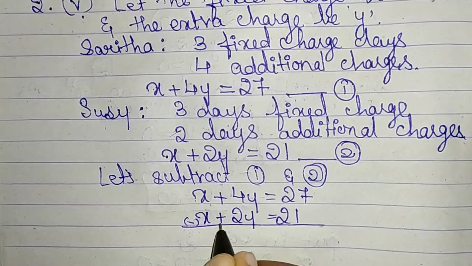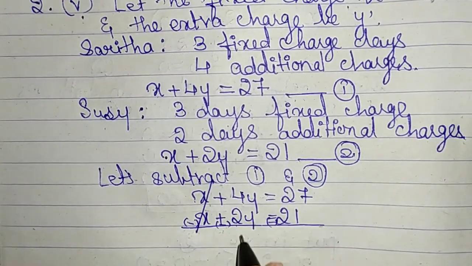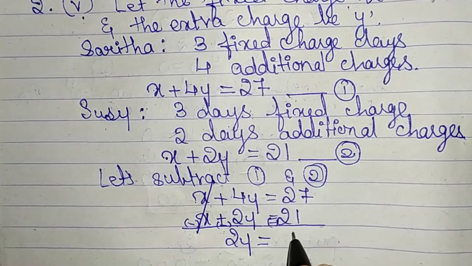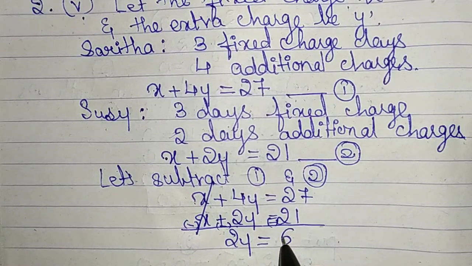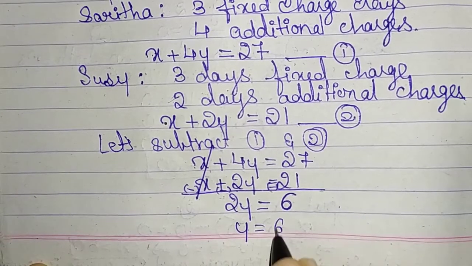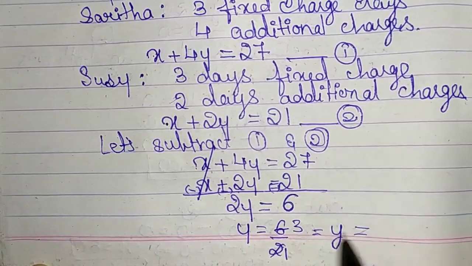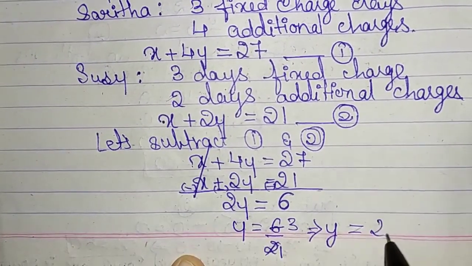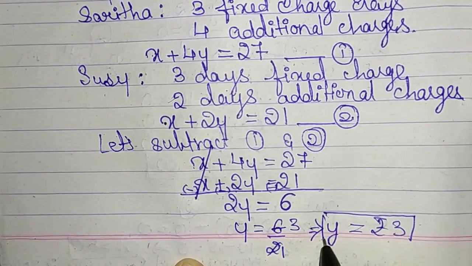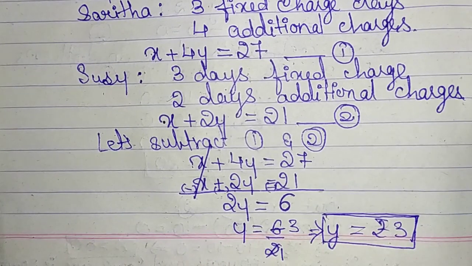Since we are subtracting, the signs will change. x minus x cancels out. 4y minus 2y, we have 2y = 27 minus 21, which is 6. So y = 6 by 2, which is 3. So y is equal to rupees 3. So the additional charge for each day exceeding the 3-day limit is 3 rupees.